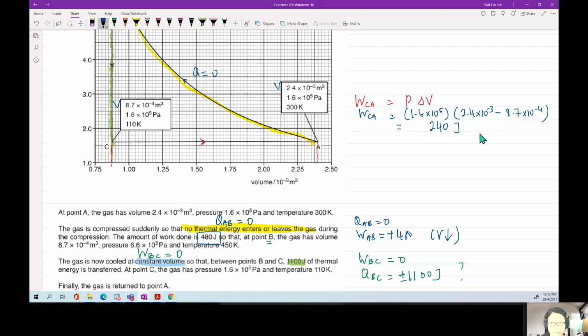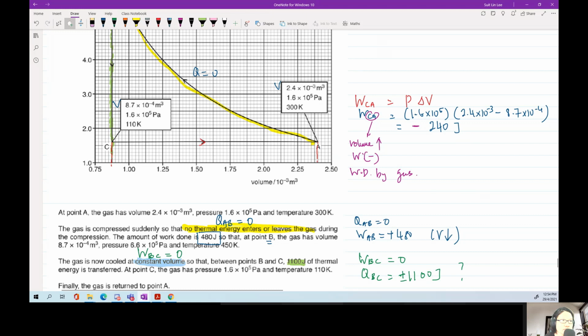Slowly press. Positive or negative? Your volume increased from C to A. So from C to A, volume increases, W is negative. So there's a negative here, to show work done by the gas.